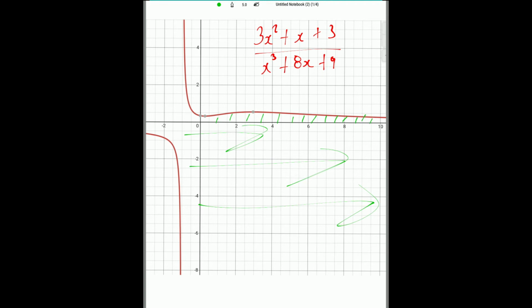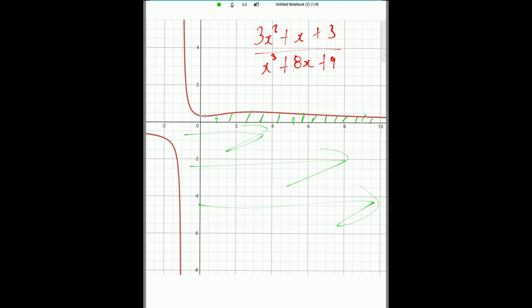In fact, it really is approaching a set number, which we'll come to appreciate algebraically in a few seconds. So f of x is approaching a set number as x gets larger and larger.